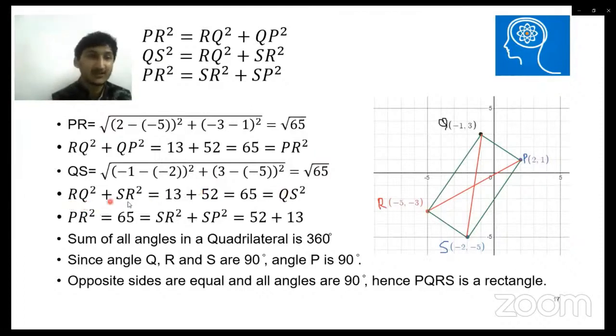Now what is RQ square plus RS square? That is also equal to 13 plus 52. We have also found this in the earlier part. That is equal to 65. And that is equal to QS square. So again, by using the Pythagoras theorem, we prove that angle S is equal to 90 degrees.